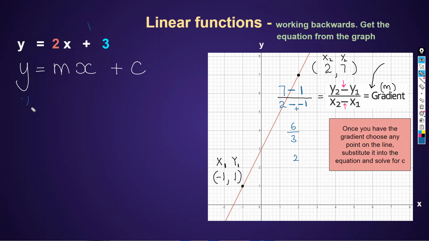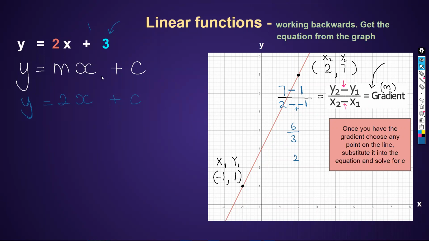So this is what we know so far. Y is equal to, we know m is 2 now, we put back the x. But what is missing? C. We still need to prove C is what? 3. All right? Right. Now, remember, C is the Y-intercept.